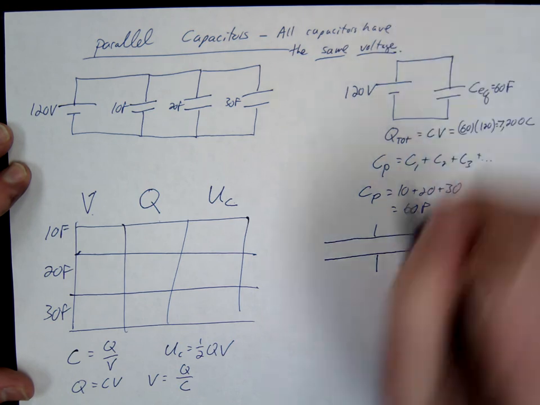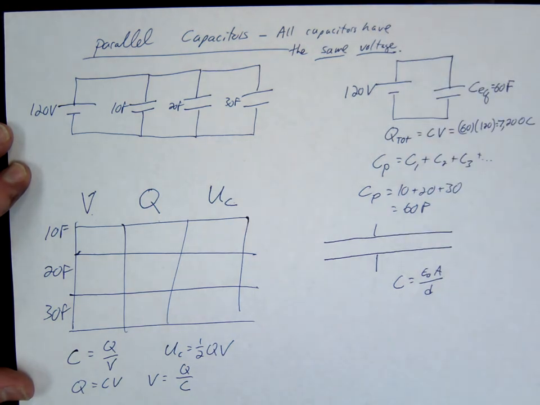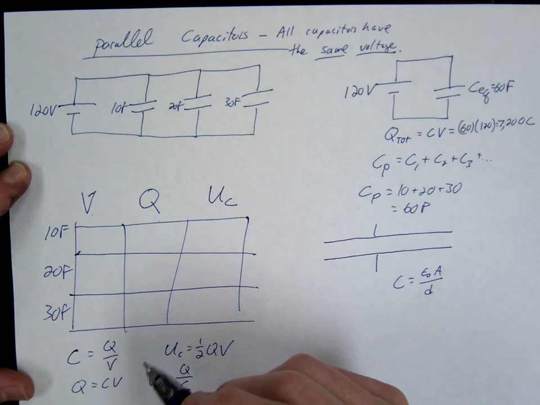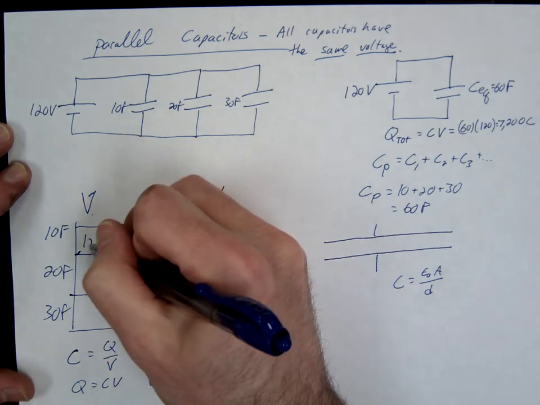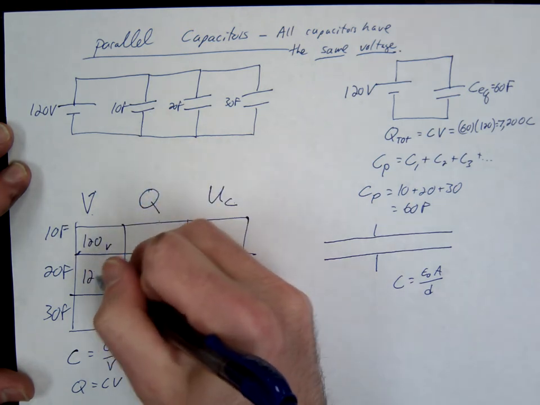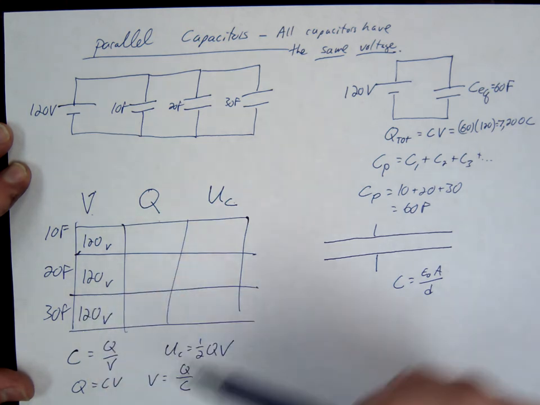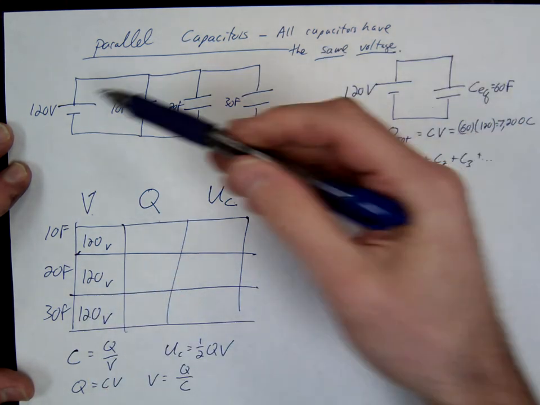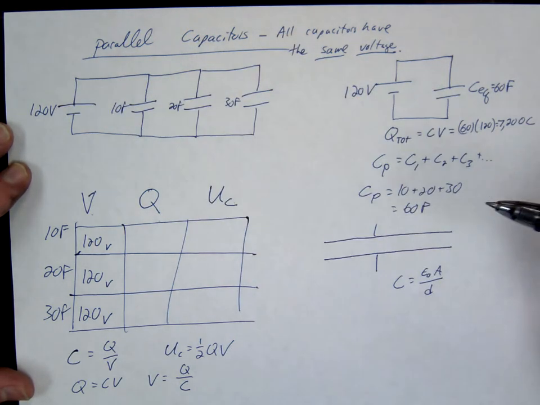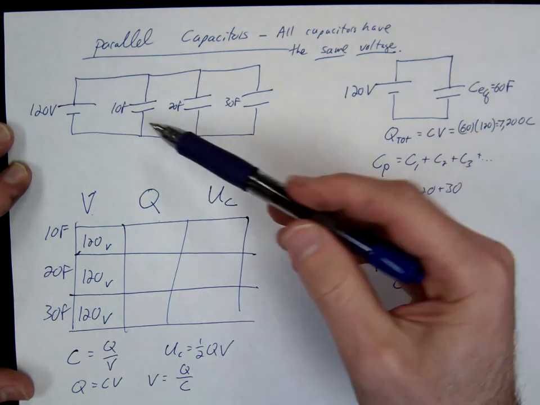Those two concepts are the same for the same reasons. So let's go ahead and fill that in. This is 120, 120, 120. If I were to put a voltmeter across this whole thing, I would get 120. It's directly connected, right?